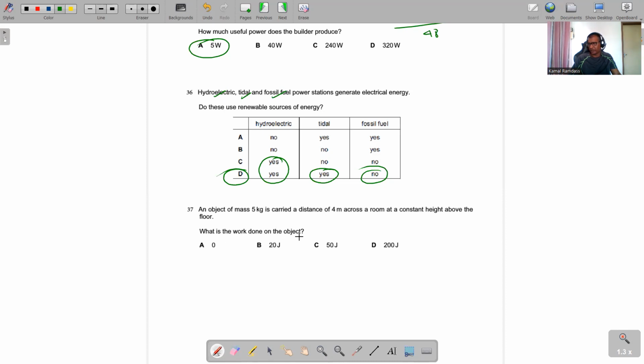What is the work done on the object? OK? Here we need to understand that we have the force on the object, and we move 4 meters in one direction, OK? The force is perpendicular, meaning the direction of motion is not in the direction of the applied force. You carry it at a constant height, potential energy remains the same, so the work done on the object can only be 0 joule.